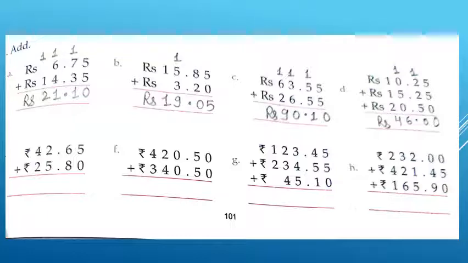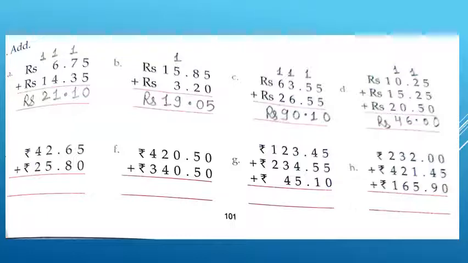Now children, 1 plus 1 is 2. So write 2 there and write rupees below rupees, and children, put a point below the points in the answer. So your answer of A part is rupees 21.10.